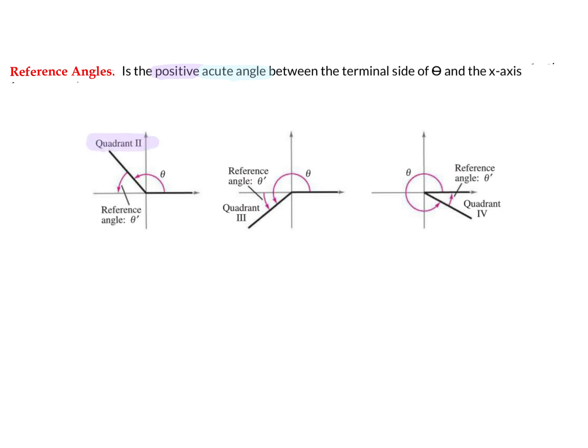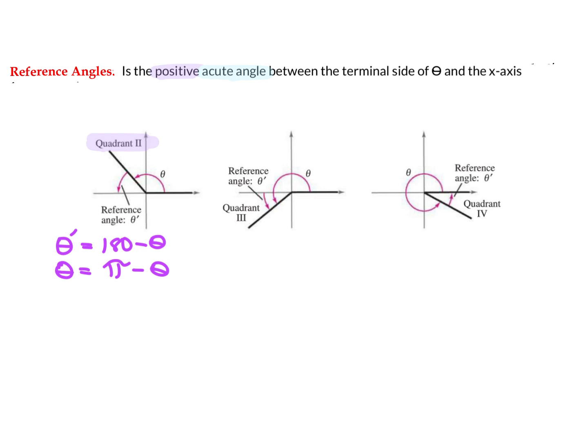But when we're in quadrant 2, to find theta prime, which means the new angle, the reference angle, you're going to take 180 and subtract theta, and that will give you theta prime, or the reference angle. If you're in radians, you're going to start with pi and subtract that angle that's in radians.